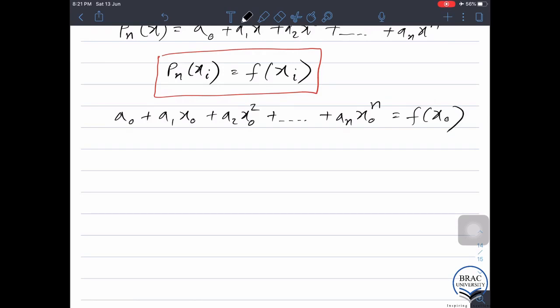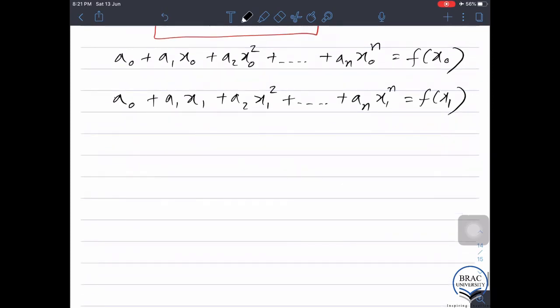On the left hand side we have written the polynomial and we have evaluated it at point x0. Similarly, the polynomial at x1 will be a0 plus a1 x1 plus a2 x1 squared plus up till an x1 to the power n, and this should be equal to f of x1, right? And same goes for x2: a0 plus a1 x2 plus a2 x2 squared plus up till an x2 to the power n should be f of x2.